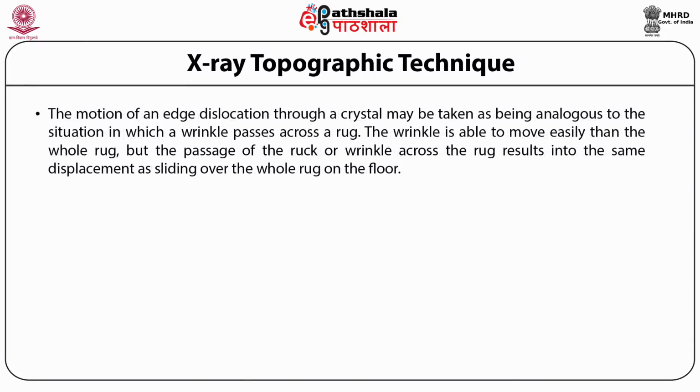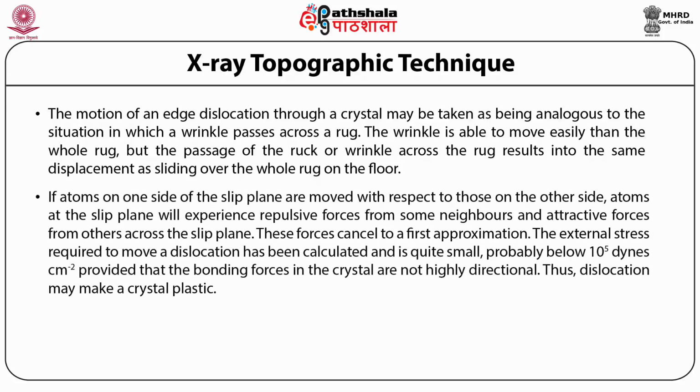The motion of an edge dislocation through a crystal may be taken as analogous to the situation in which a wrinkle passes across a rug. The wrinkle is able to move more easily than the whole rug, but the passage of the wrinkle across the rug results in the same displacement as sliding the whole rug on the floor.